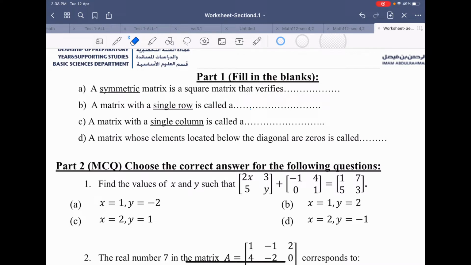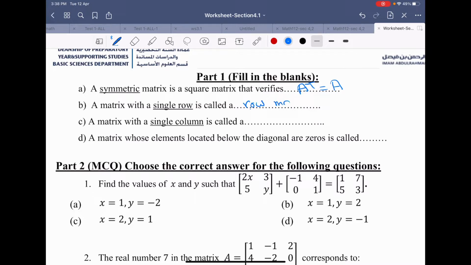So the first question: a symmetric matrix is a square matrix that verifies A^T equals A. So the matrix A equals the matrix A^T. A matrix with a single row is called a row matrix or a row vector.